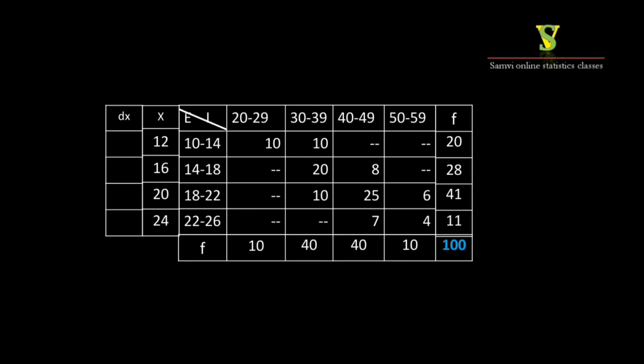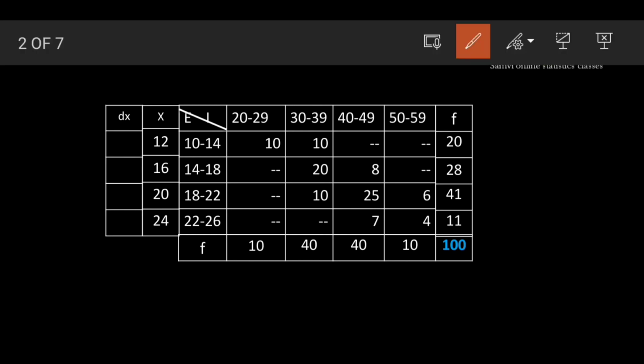So if you want to write the dx, please remember this. How to write? If the x values are 1, 2, 3, 4 and 5, getting? Select the mid value. The mid value here is 3. In front of 3 you have to write 0, and above you write -1, -2 and below 1 and 2, like this.